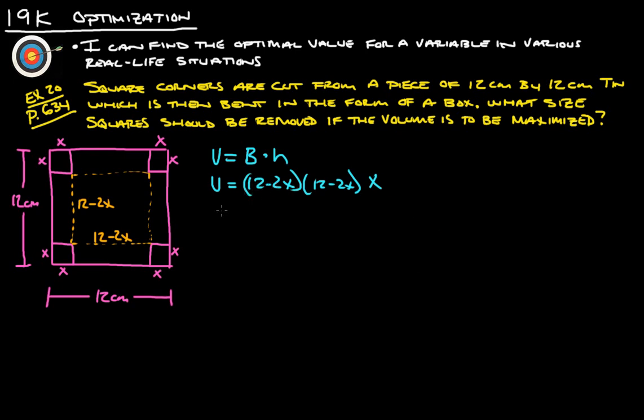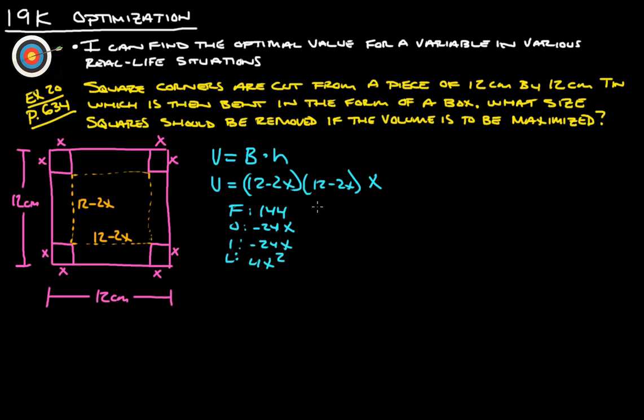So what we want to do here is FOIL this thing out. Or you can stack it, whatever floats your boat. It seems like more people like FOIL. I like stack, but I like you more than stack, so I will FOIL this thing out. So 12 times 12, 144. 12 times negative 2 is negative 24x. Negative 2x times 12 is also negative 24x. And then negative 2x times negative 2x is 4x squared.